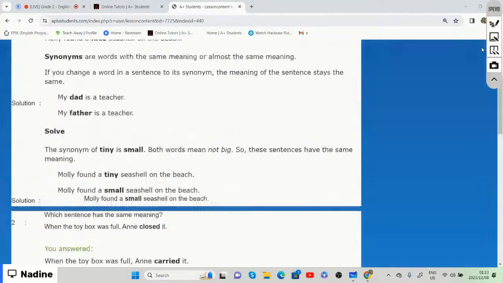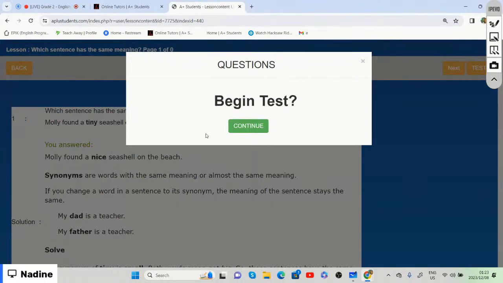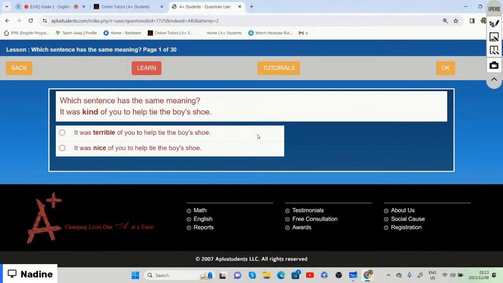Now let's go on to our test. So we need to say which sentence has the same meaning. It was kind of you to help tie the boy's shoes.